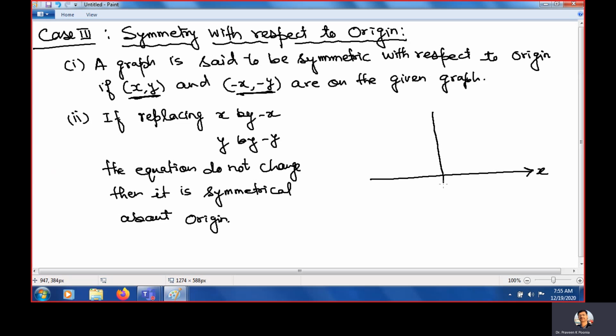So if we see here, this is x-axis, this is y-axis. If this is the point (x, y), then (minus x, minus y) should be there.